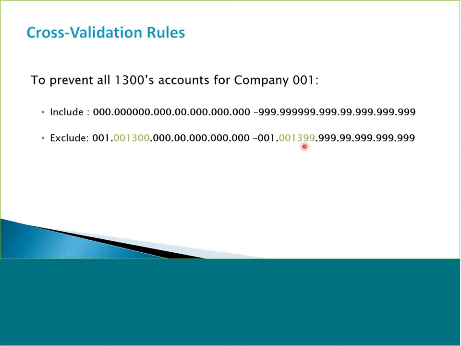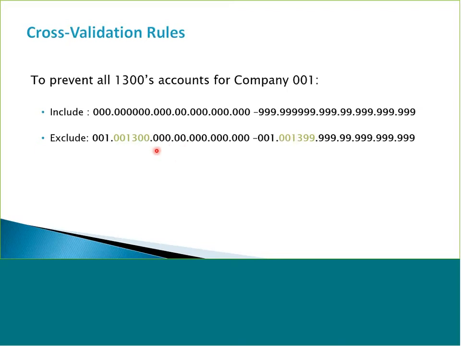Let's move on to the other segments. Now we don't want company one to use the 1300 accounts in any combination. In any combination, okay? So the ranges for all the other segments should cover every possible value, because we don't want company one to use these 1300 accounts that we have already defined here in any combination.